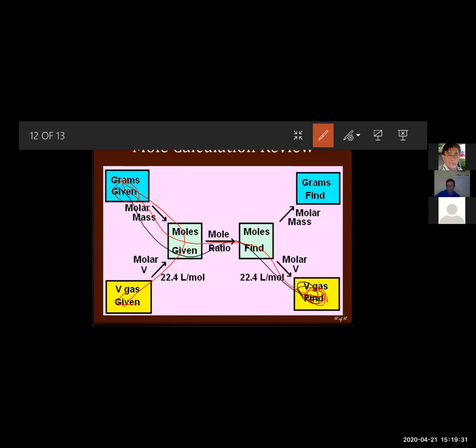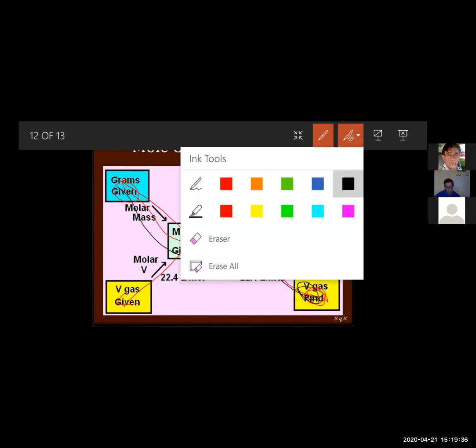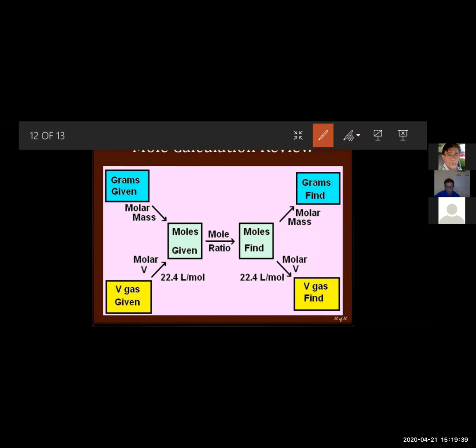It's a two-way street, but nothing goes anywhere unless you are in moles, and you have to be in moles to get from A to B or from B to C. So learn how to calculate moles from the molar mass. Learn how to use the mole ratio. Remember that at STP, you can go from moles to liters.